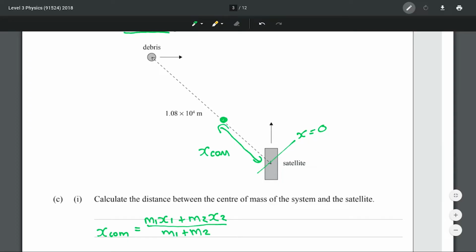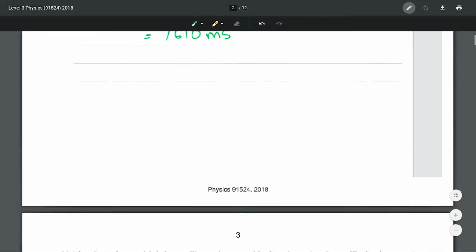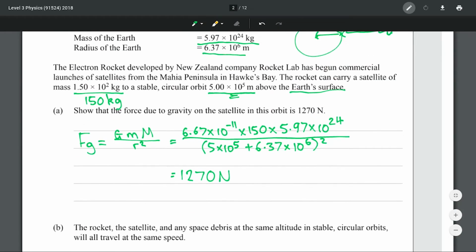We can make our M1 our satellite, which means that our X1 is going to be 0 because the satellite is at our X equals 0 that we have defined. We of course now make our debris M2, and our X2 is going to be this total distance here. As for the masses, the mass of our space debris is 20 kilograms, and the mass of our satellite, I believe we were given that up here, is 150 kilograms.